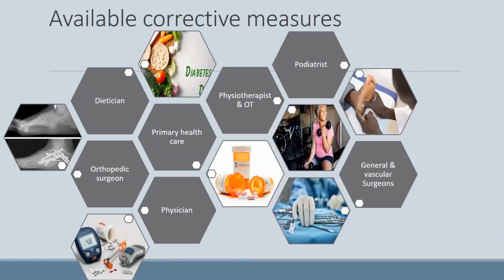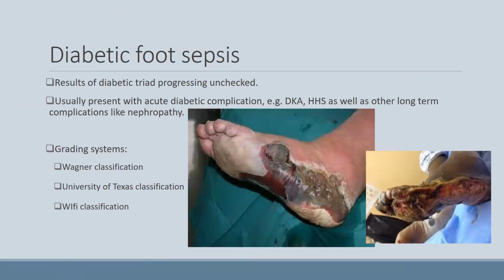Now, should all of these things or all of the team fail to prevent it, the diabetic foot will complicate into diabetic foot sepsis. So like I've said before, the development of a diabetic foot sepsis results from the diabetic foot triad progressing unchecked. And usually these patients don't only present with the diabetic foot, their presentation is usually complicated by other acute problems such as DKA, HHS.